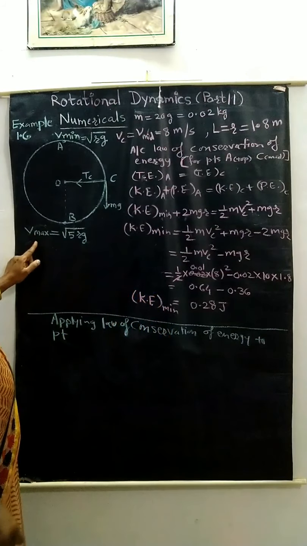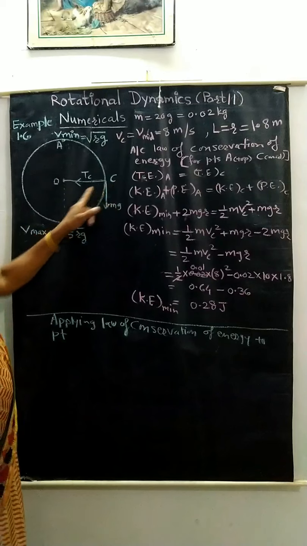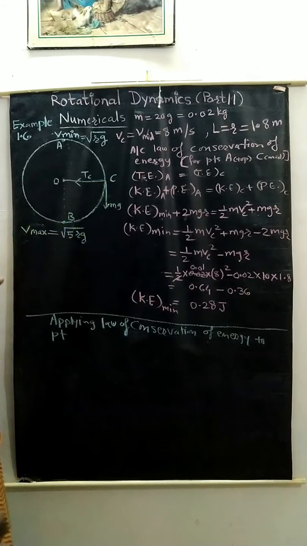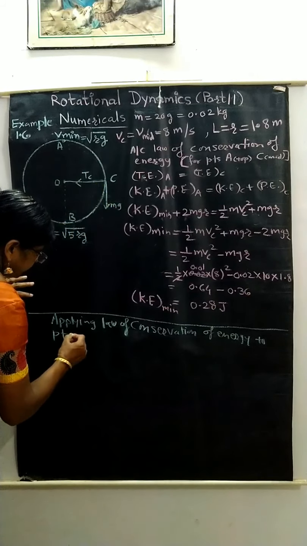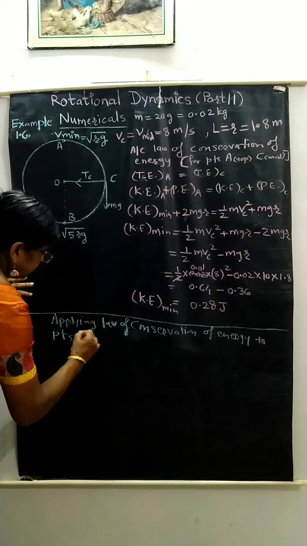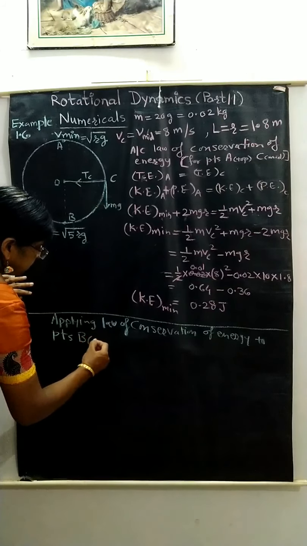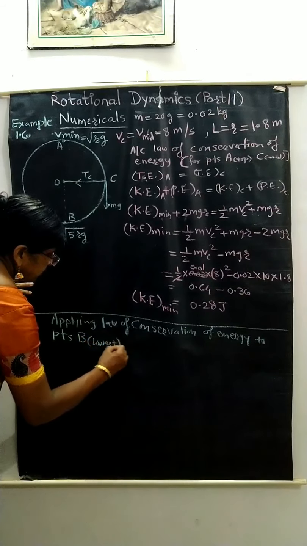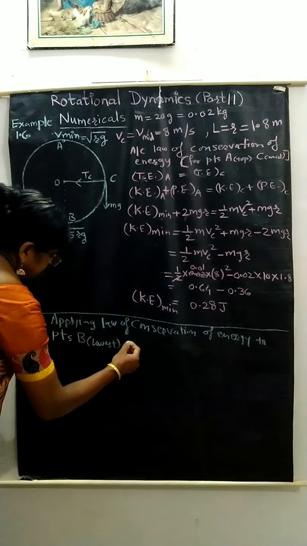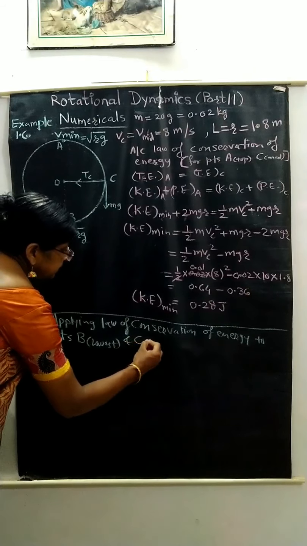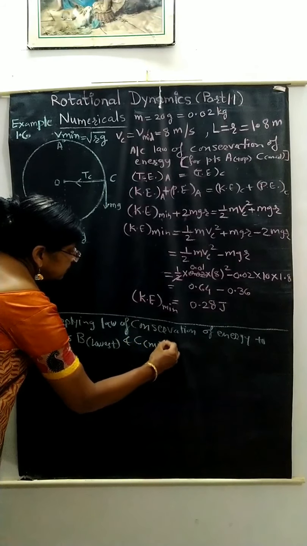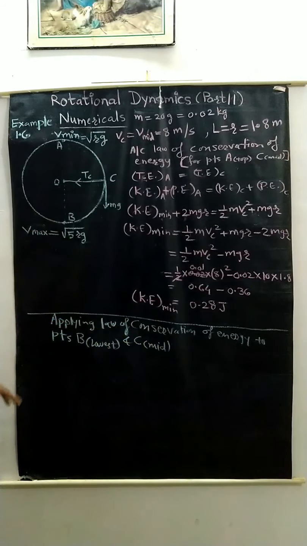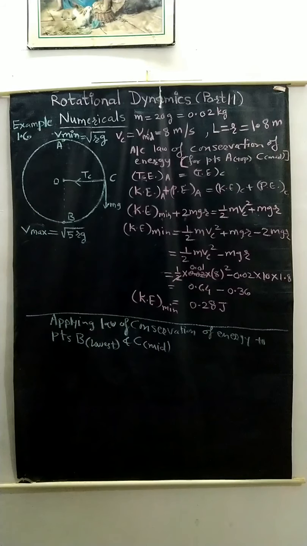Now for maximum kinetic energy we have to consider point B and point C. Point B means lowest point, and point C, that is midpoint. So again the same principle we have to use.